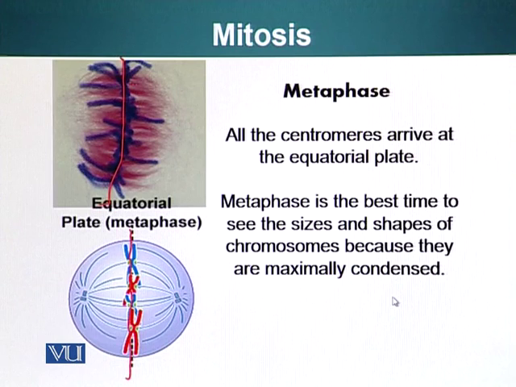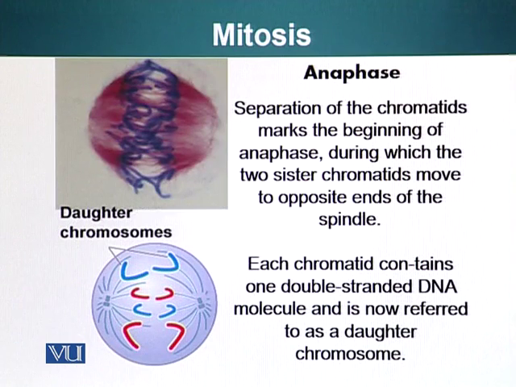The next stage is anaphase. In anaphase, separation of the chromosomes marks the beginning of anaphase, during which the two sister chromatids move to opposite ends of the spindle. In the previous figure you saw the chromosomes had lined up exactly in the middle of this spindle. Now the chromosomes have started to move towards the opposite poles.